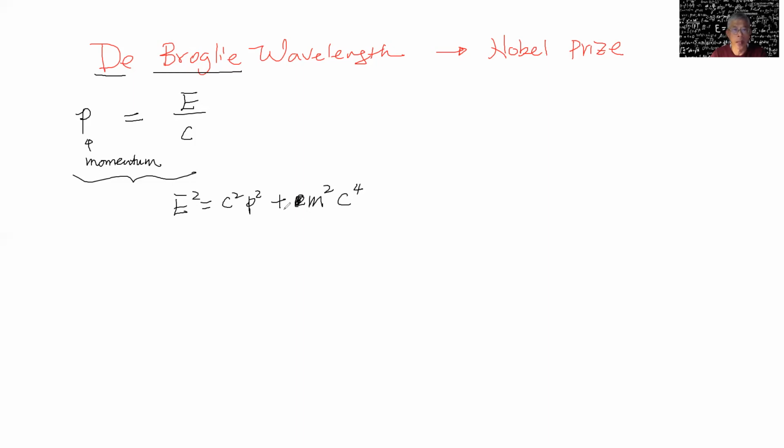So this is the energy equation for relativistic particles, meaning the particles that move at a speed close to the speed of light. So for a photon, the mass term is zero. So then you have this relationship, and that's how you find the momentum for a photon.